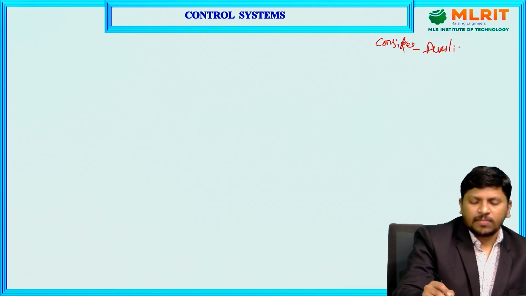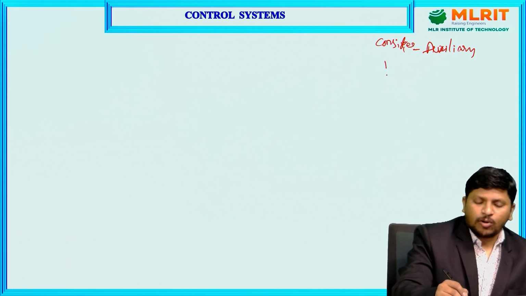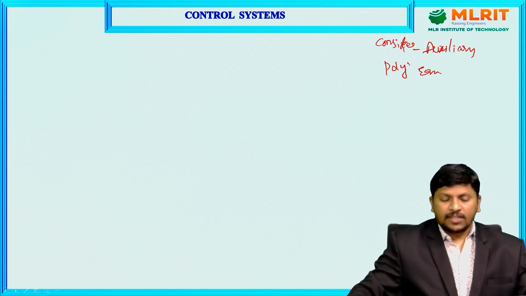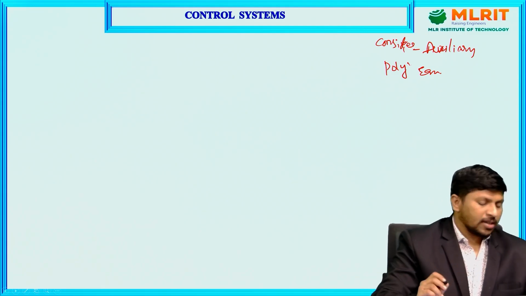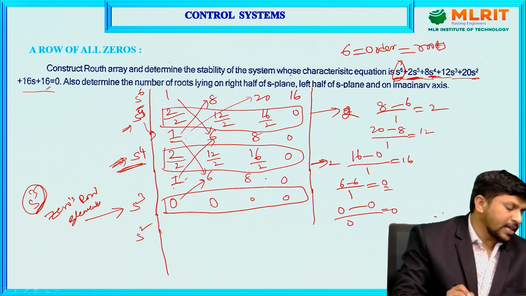So consider the auxiliary polynomial equation here. Observe the s power of 4 row, with coefficients 1, 6, 8.